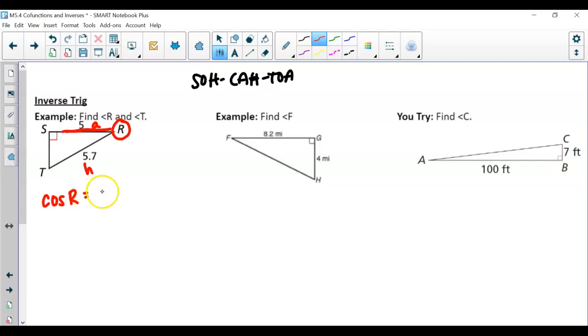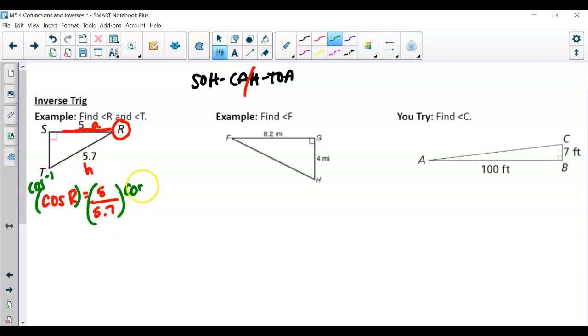That is equal to 5 divided by 5.7. So our adjacent over hypotenuse, right? That is your ratio here. So now how do we find cosine of R? This is not like a dividing, right? So to inverse, that is where your inverse cosine comes in.